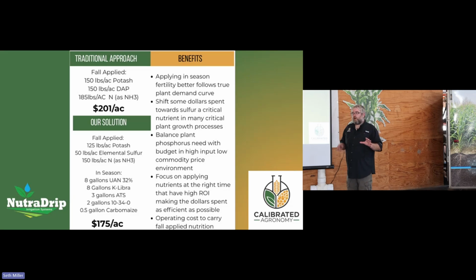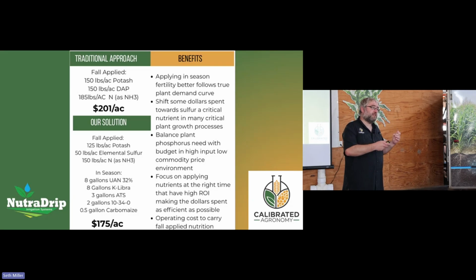So what we're going to learn, and I think our approach that is going to make sense for next year, is just some common sense things. We know we want to use fertigation more, but we don't want to sacrifice everything. So let's use economics and common sense, and pull back maybe our base rate and move those dollars over into what we think we can spend through fertigation.